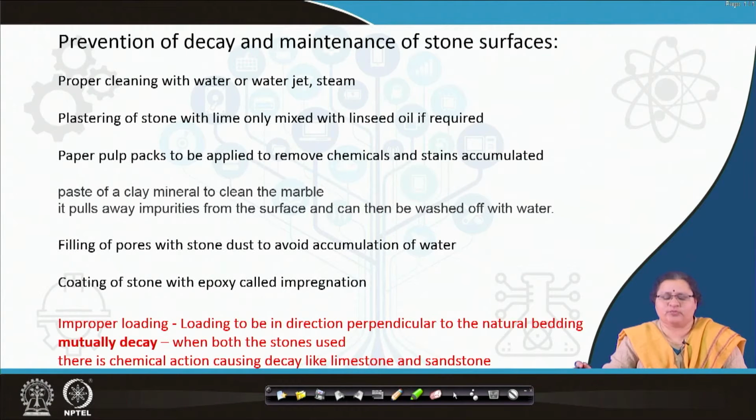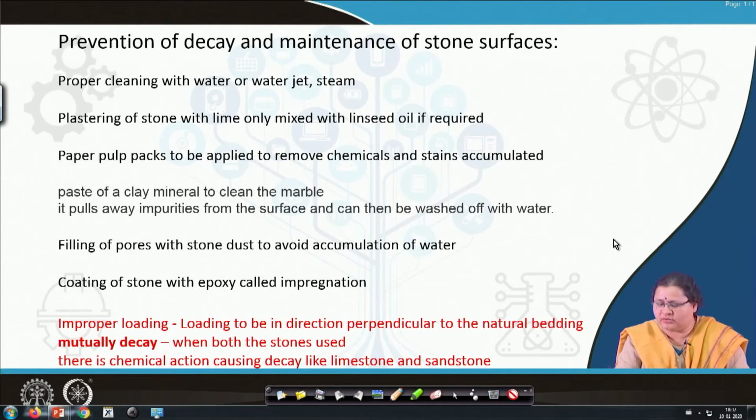It is also to be remembered, if you see the last few points which are highlighted in red, you must put the loading on the stone in the perpendicular direction of its grain, perpendicular to its natural bed. So if you have a stone having its natural beds in this direction, the force or the compressive load should be acting in this direction.